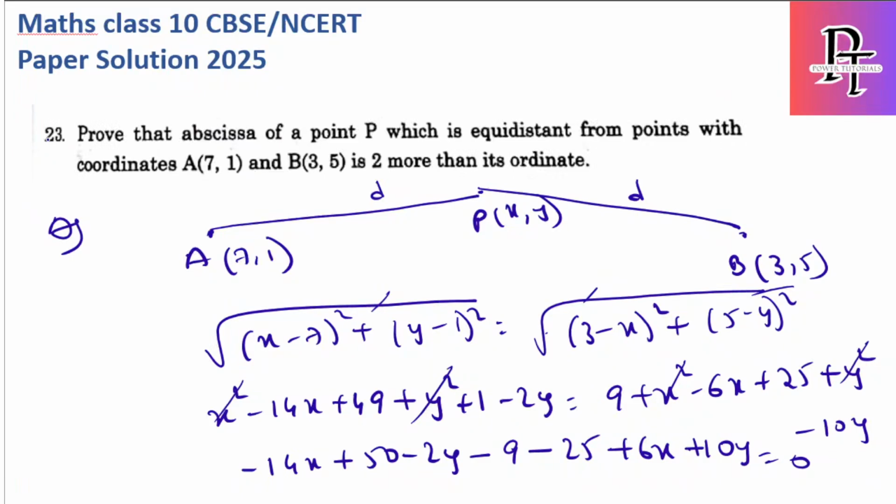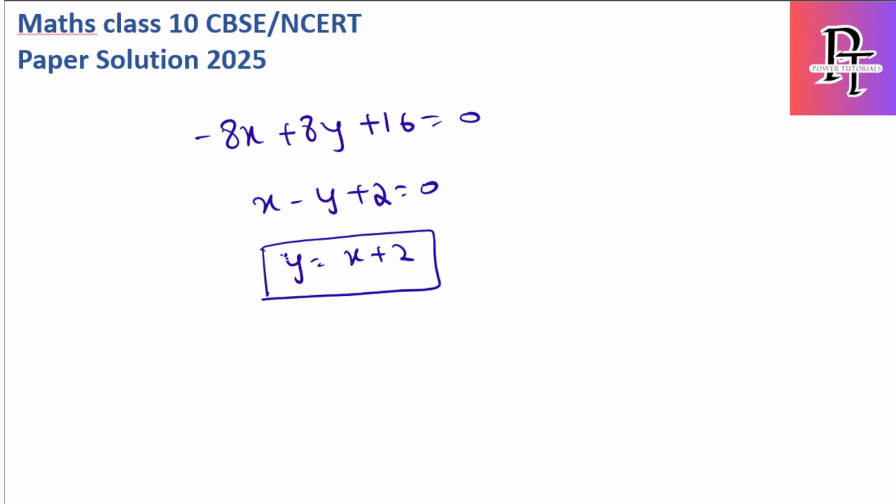So this is the relation they're asking in the question, that abscissa is 2 more than its ordinate. So you got the same relation: abscissa is 2 more than ordinate.